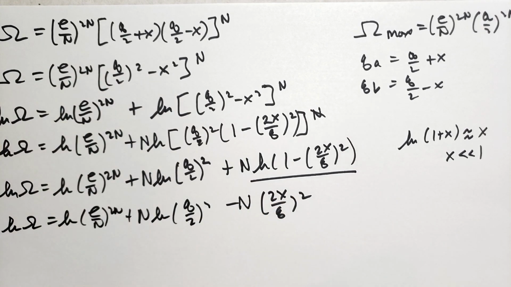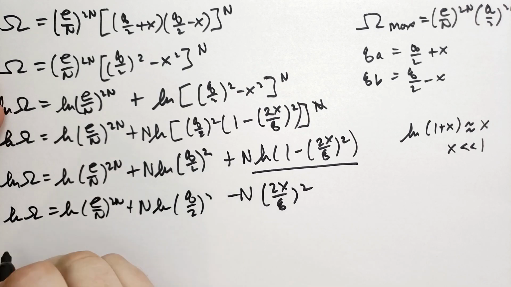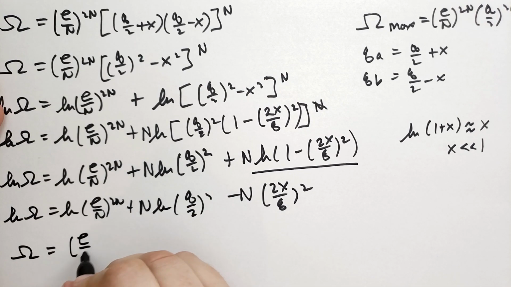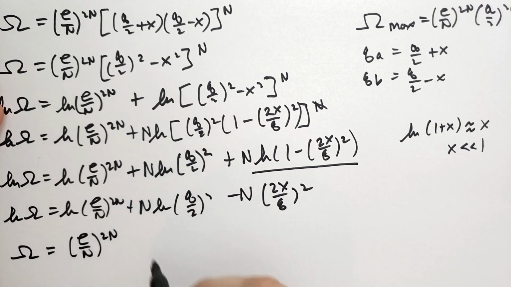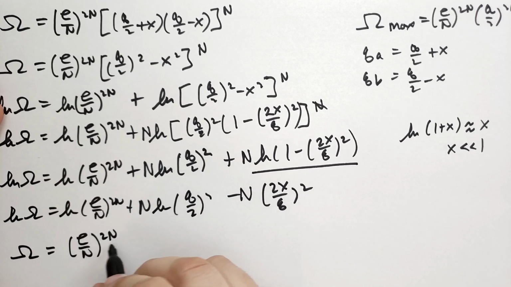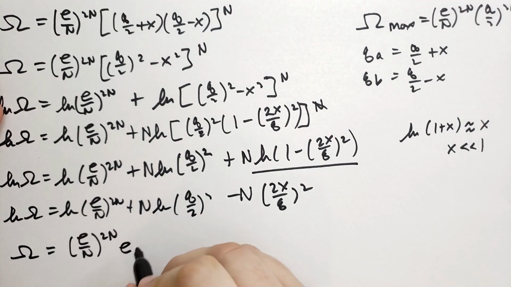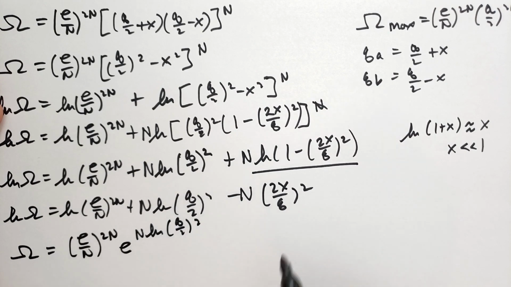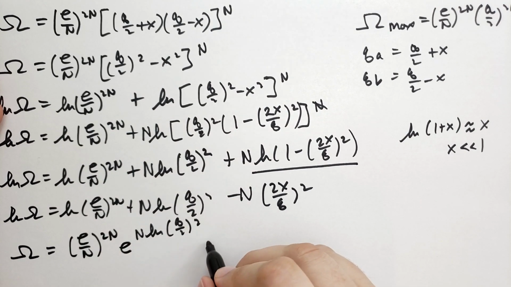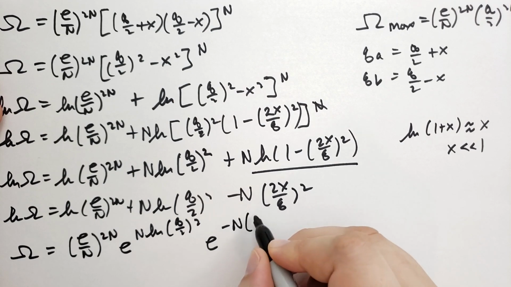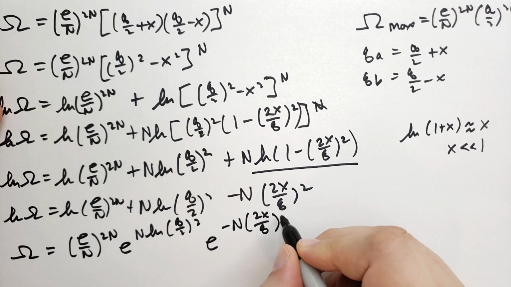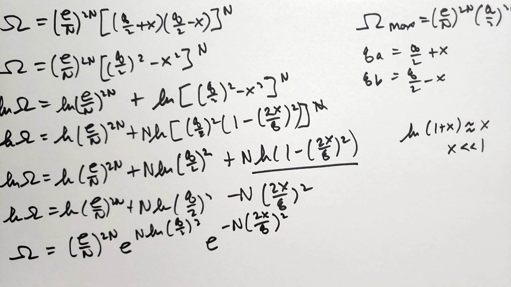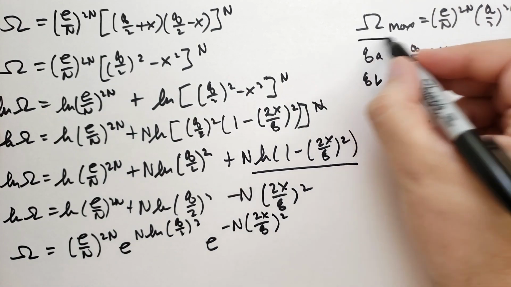Now we're going to take e to both sides, so we get omega equal to (E/N)^(2N) times e to the n log of (Q/2)^2 times e to the minus n (2X/Q)^2. Now we had omega max up here.